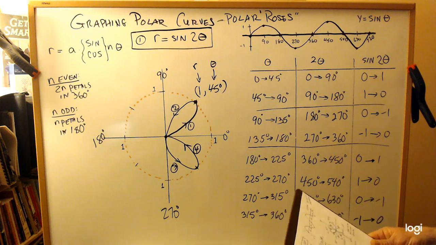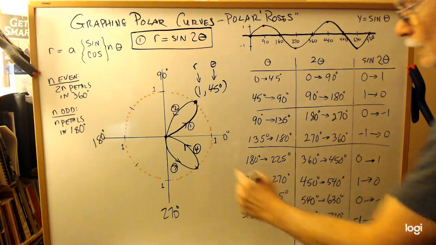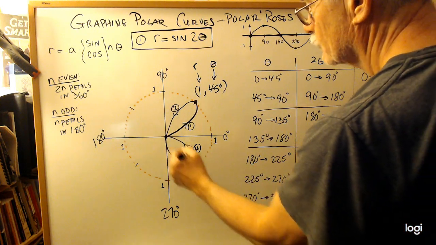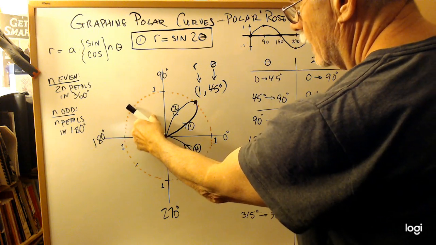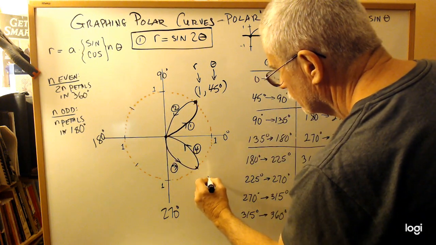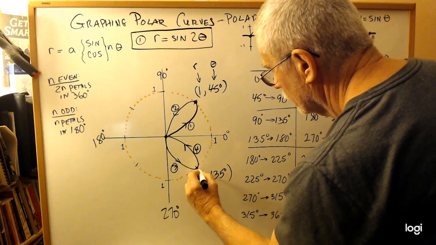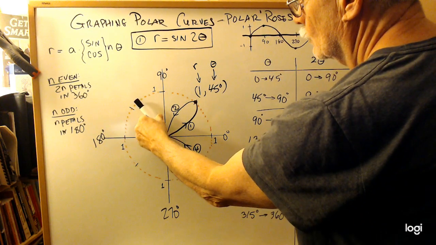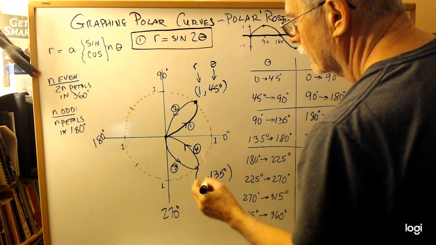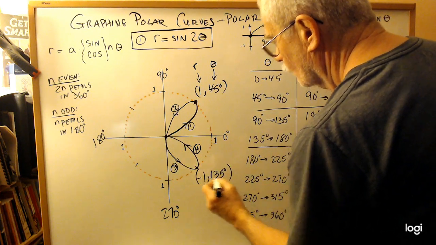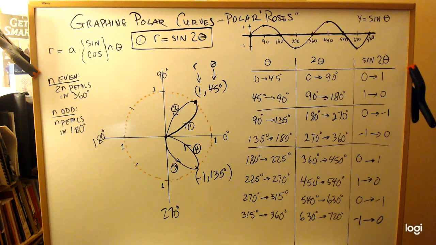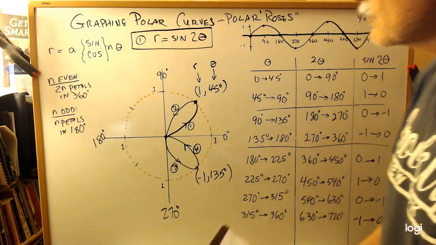Our second petal down here, now don't forget, this would be 135 degrees. So that's our theta, but don't forget it was reflected back. So that would be -1 comma 135, and that's the tip of our second petal.